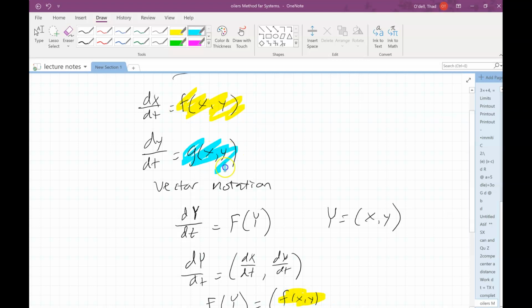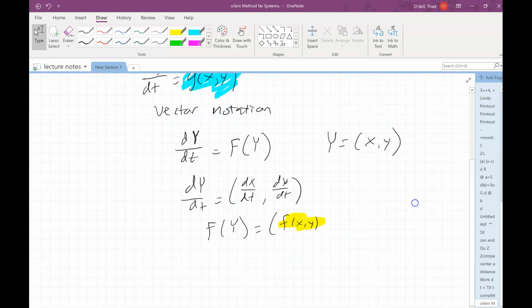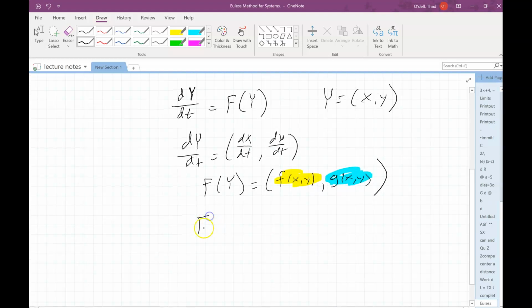And the y coordinate will be g of x, y, I guess I should say. Okay, so that's a little notation. So capital F is a vector valued function.